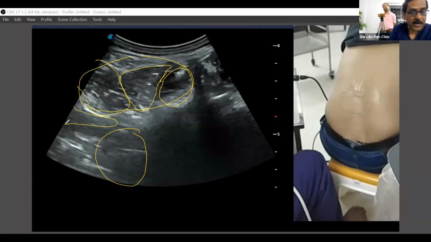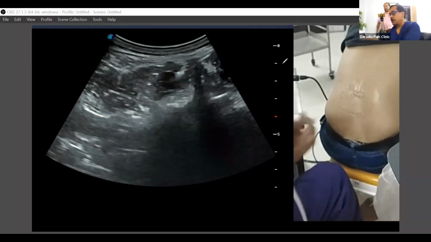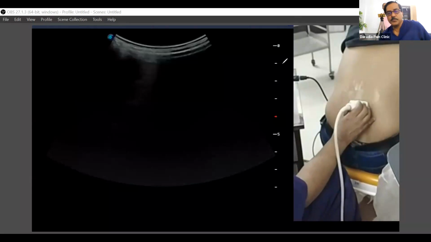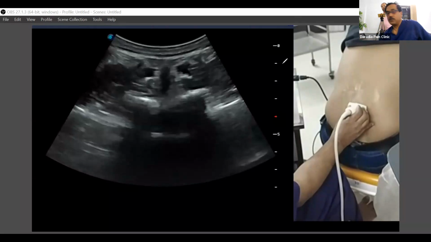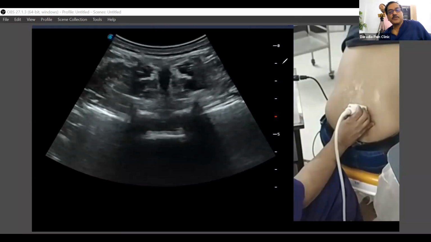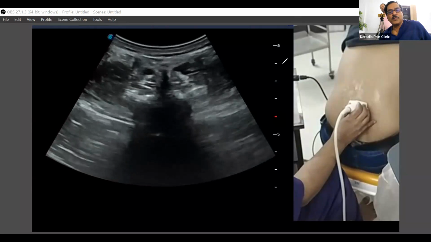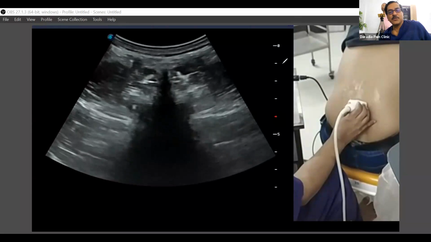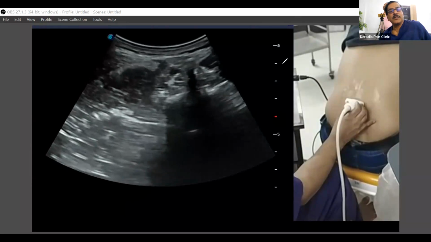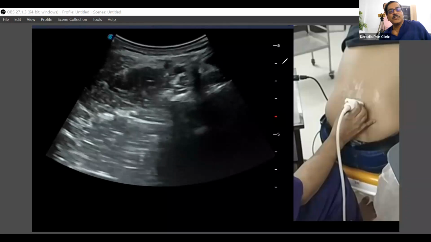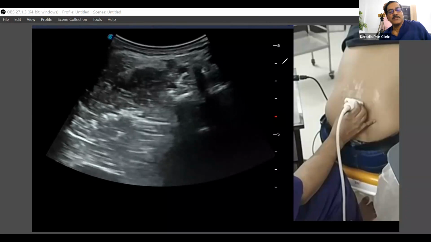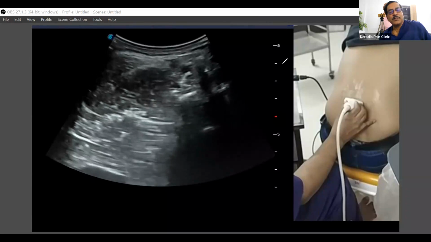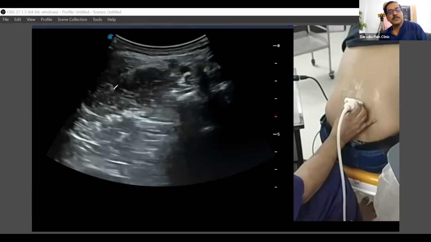You just keep the anatomy in your mind, and then look here again. I'm over the spinous process, and if I go laterally, we can see the three nice erector spinae group of muscles, and lateral to that this part is your QL.